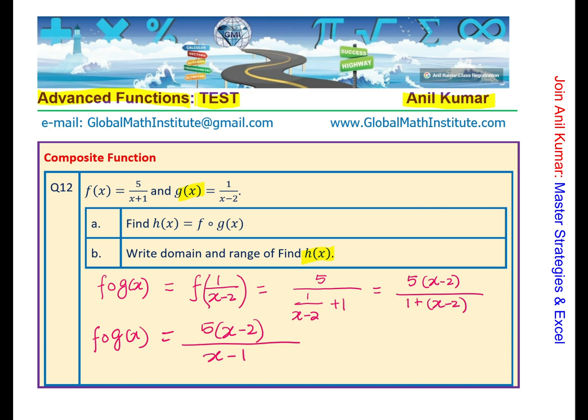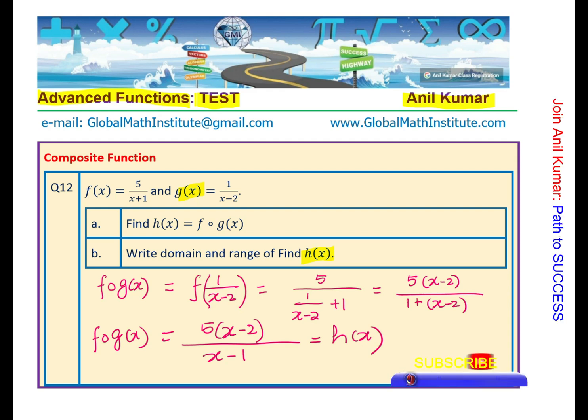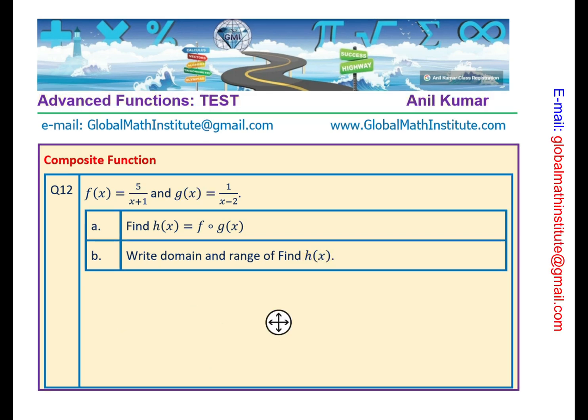Now the second part of this is to write domain and range of h of x. Now this is h of x, right? So how will you write domain and range of this function? So let us take it on the next page to write down the domain and range of this function. 5 times x minus 2 divided by x minus 1.